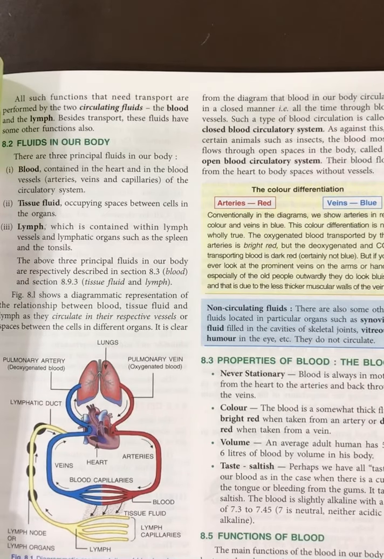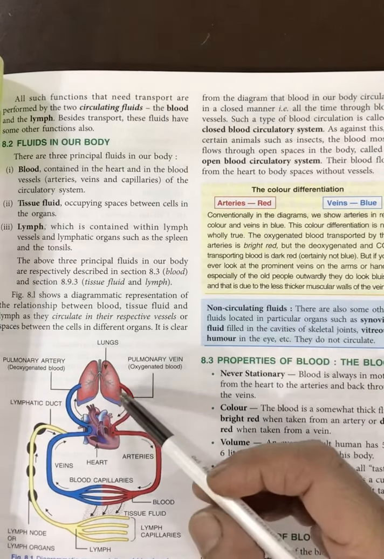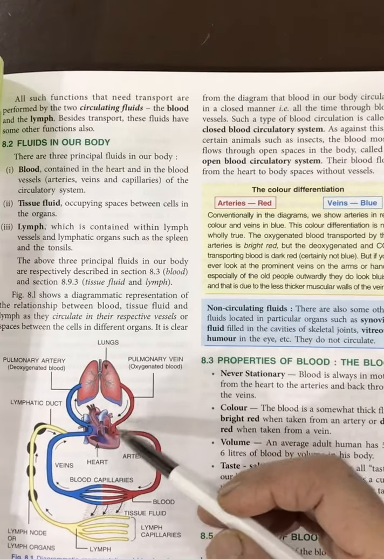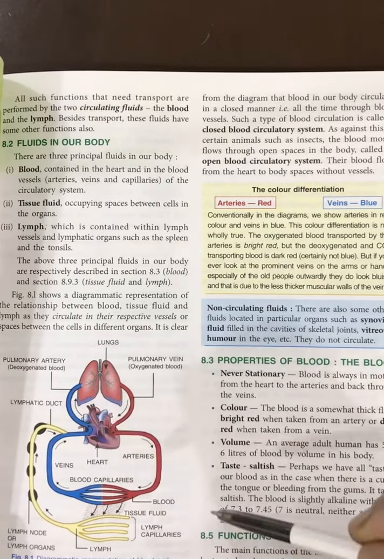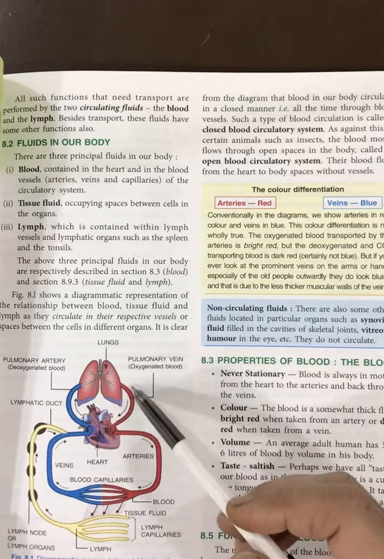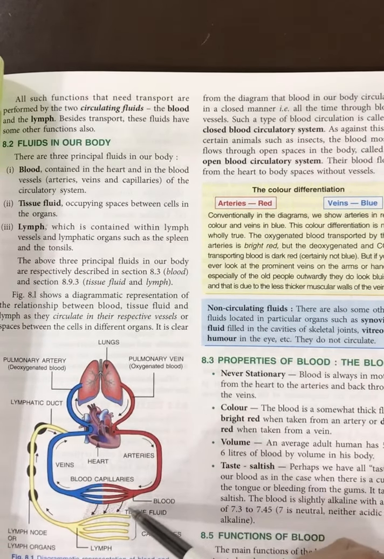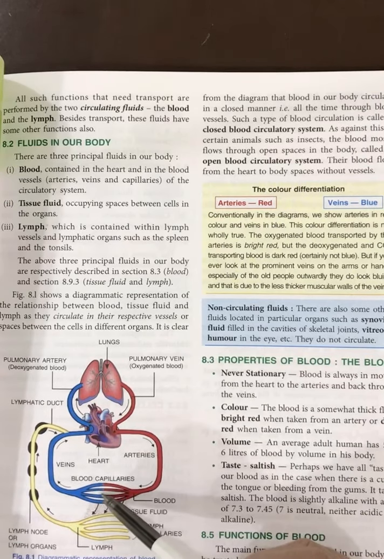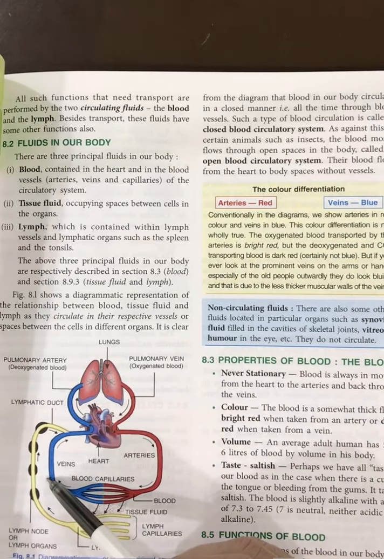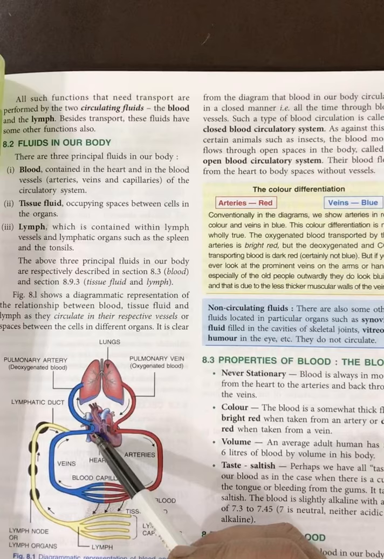And it is clear from the diagram that the blood in our body circulates in a closed manner. See, blood from the heart first goes to the lungs, gets oxygenated, comes back to the heart, and then from the heart to all parts of the body, and then deoxygenated blood from the body parts is collected and poured into the heart.